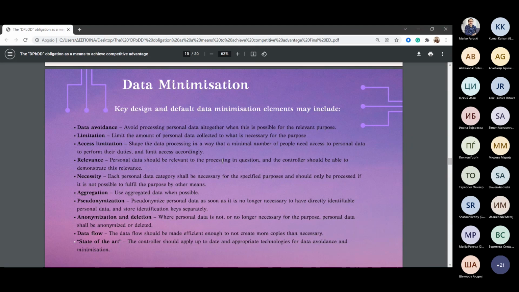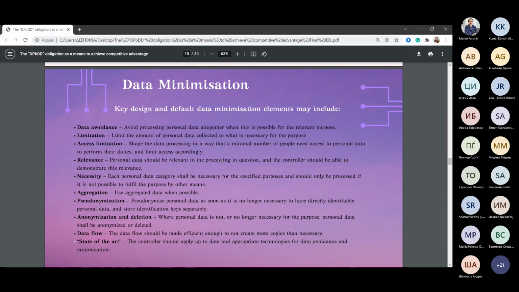Avoid processing personal data altogether when this is possible for the relevant purpose. Limitation, limit the amount of personal data collected to what is necessary for the purpose. Access limitation, shape the data processing in a way that a minimal number of people need access to personal data to perform their duties and limit access accordingly.